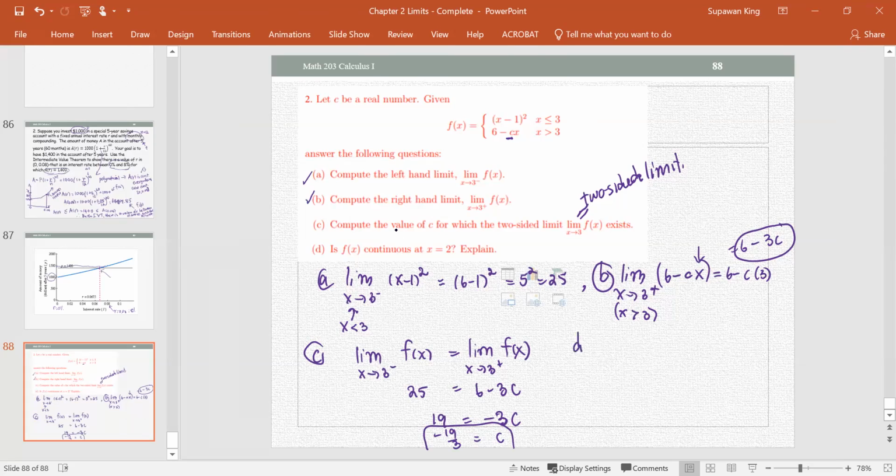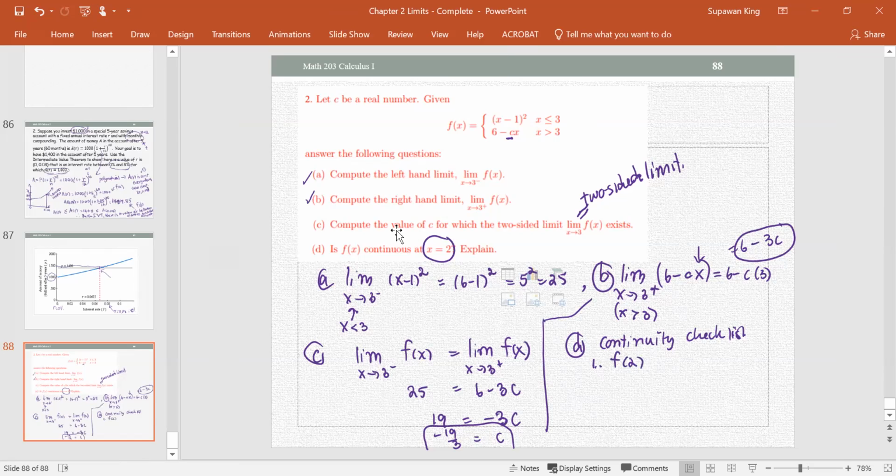Part D, we're going to verify whether f of x is continuous at x equals 2 or not. So look at the continuity checklist. If you recall, number 1, the target is x equals 2. So we look for the function at 2.